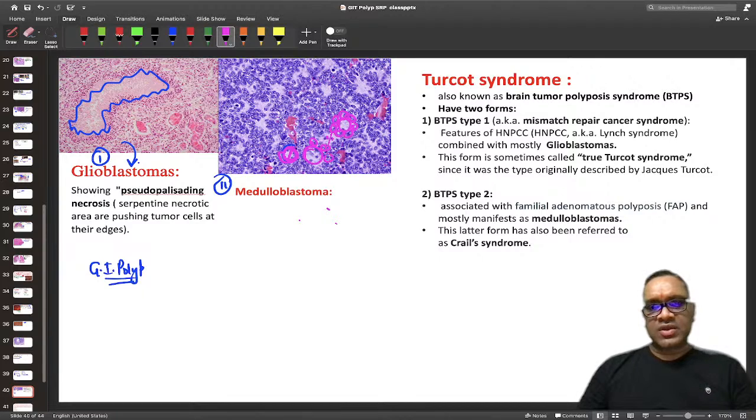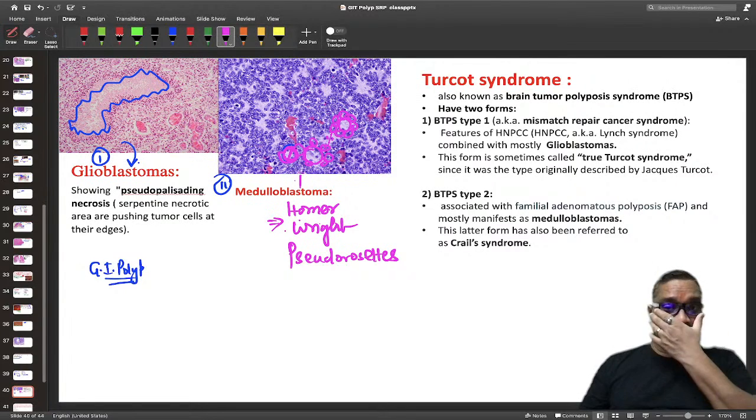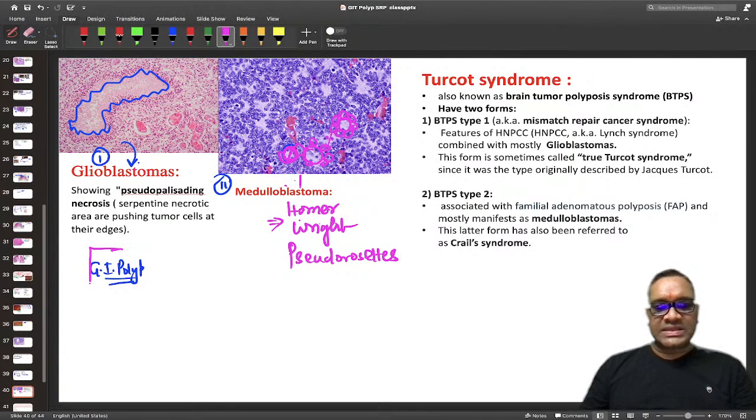So round blue cell tumors are around them. So this is the medulloblastoma showing you Homer Wright pseudorosettes, right? So glioblastoma, medulloblastoma along with the GI polyp, you should think about Turcot syndrome.